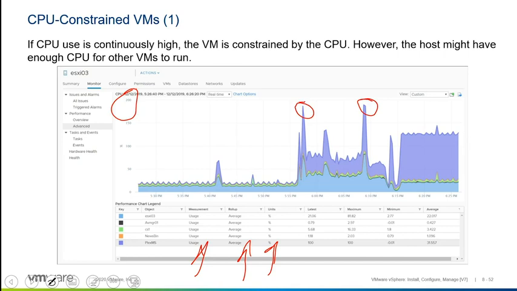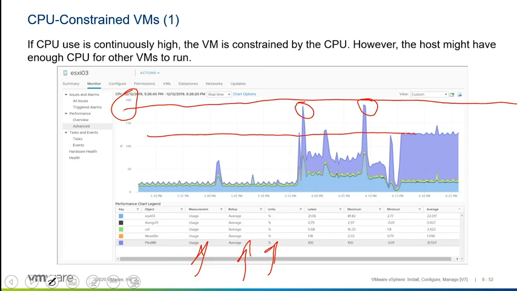Now, I don't think that's a bad thing to have a spike, as long as I'm not continuously running up at the top, things look pretty good, okay? But you'll notice here that, what is this value? There was some continuous usage for a period right through here at something like 125%.